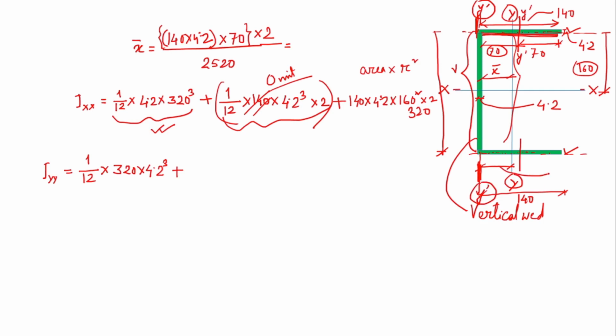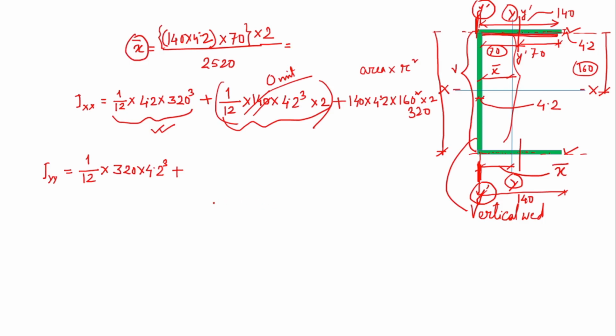So its distance between the overall y-axis of the weld and its own y-axis is x bar, which we have already calculated.